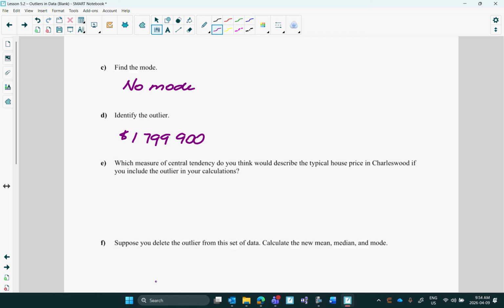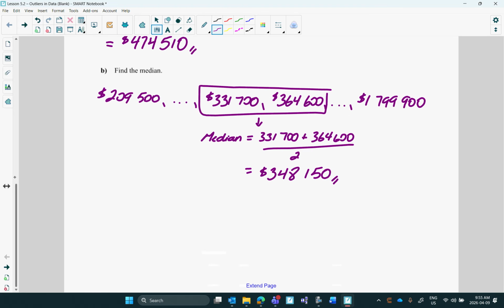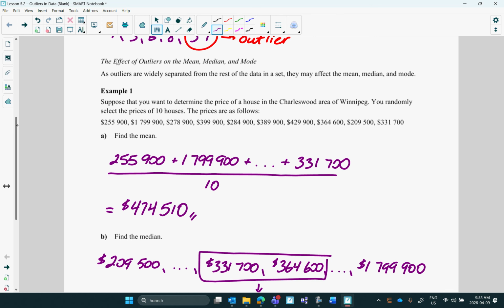So given that outlier and given the mean and median we calculated, which would you depend on as the better measure of central tendency? Median. The median, right? Because that outlier, which is a high one, pulls the mean up unreasonably. Because if you look at the mean that we calculated, 474,000, and if you look at all the house prices, the mean is greater than 9 of them. That does not represent the typical.